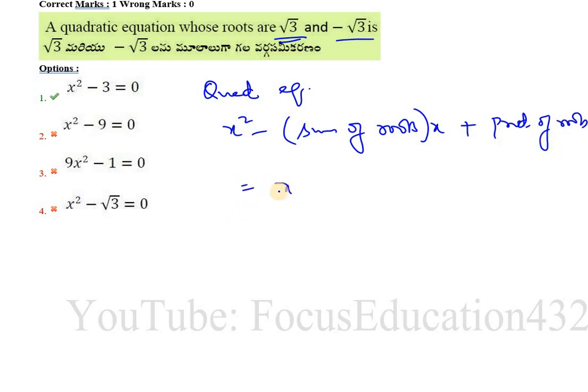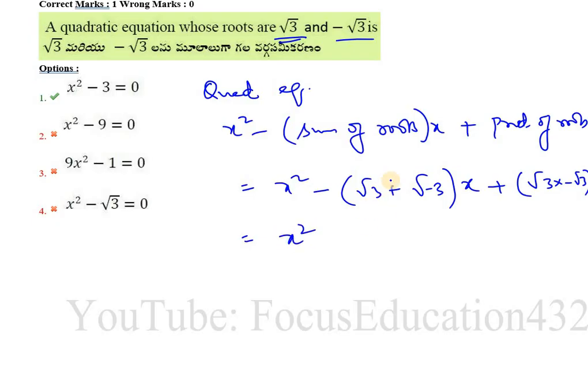So first write x square minus sum of the roots. Sum is addition: root 3 plus minus root 3, multiplied by x, plus product of the roots: root 3 multiplied by minus root 3. Right, these two you have to multiply. Root 3 and minus root 3. So what will you get here?